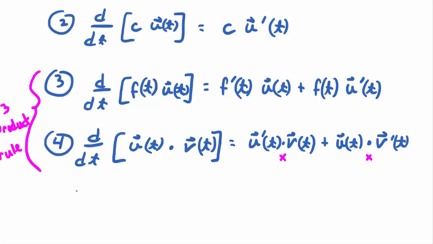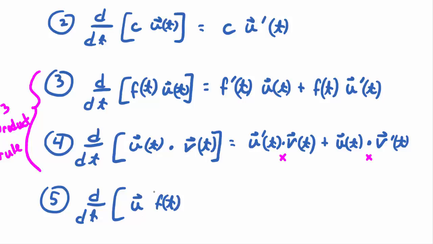Come on. And then, of course, there's the chain rule. d/dt, let's say you take u of a scalar function. You insert a scalar function into the vector valued function.